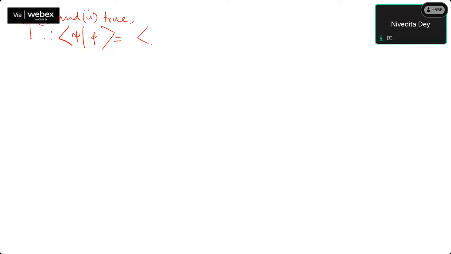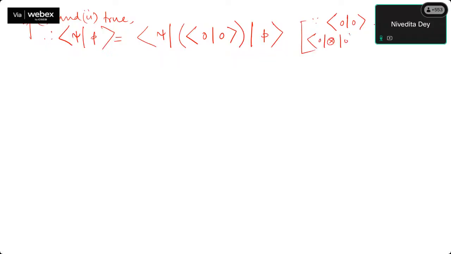Now, can I write this thing? Psi, then I will be taking this thing extra and psi. Can I do that? Yes. Why? Because this is nothing but 1. This is the inner product of two same terms. Let me show you. Say this is bra 0, which is 1 0 product.